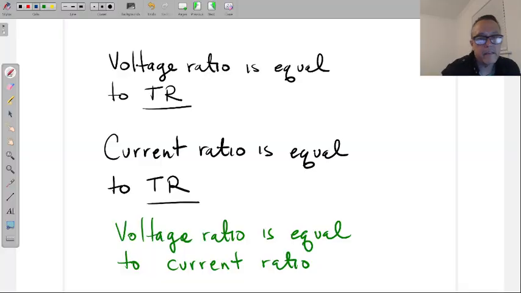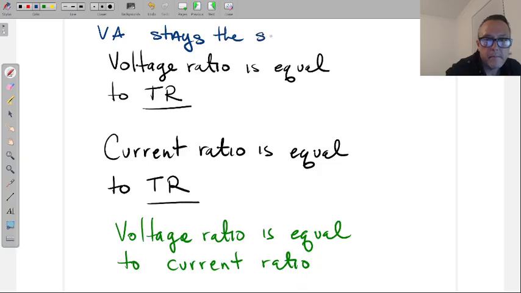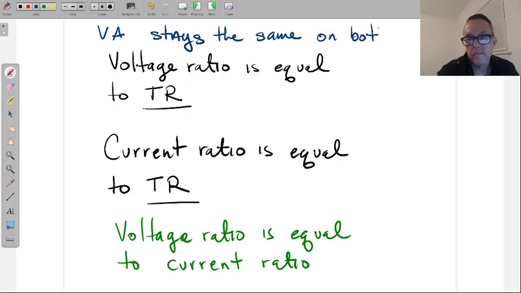Now, here's the last part to this, which is watts stay the same. So the VA stays the same. Oops, let me clean that up. On both sides. All right, on both sides. So on the primary side, the wattage is the same as the secondary side.